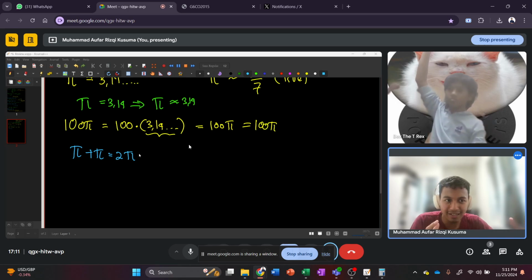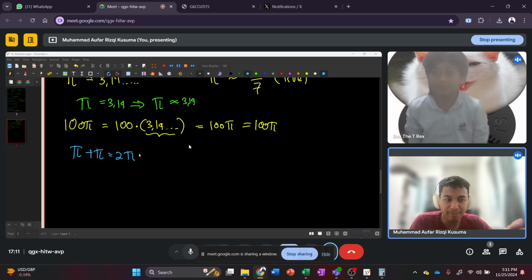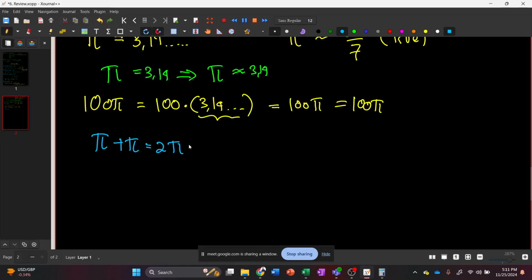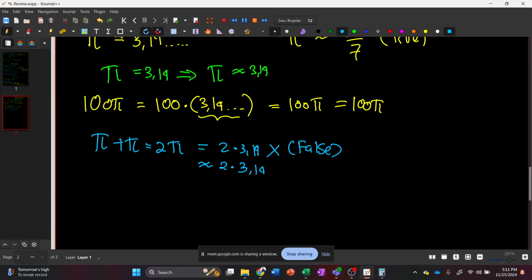Pi plus pi is just 2 pi. By the way, don't change it to 2 times 3.14. That is false, because this is not equal, only close to. If you want to write it, it means that 2 pi is close to 2 times 3.14.